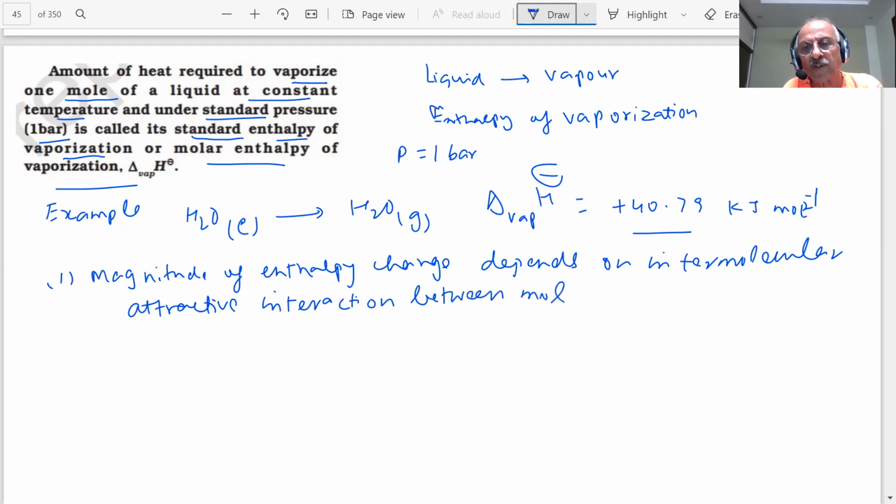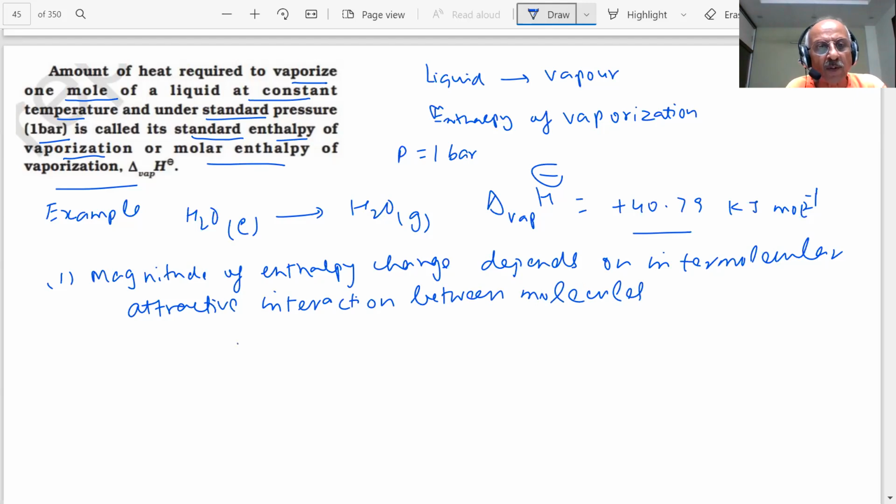If these forces are strong, if the molecules are tied up strongly with strong attractive forces, then you have to supply more energy. If the molecules are tightly held together, you have to supply more energy as compared to weakly held ones. So here, if you are evaporating water, you have 40.79.